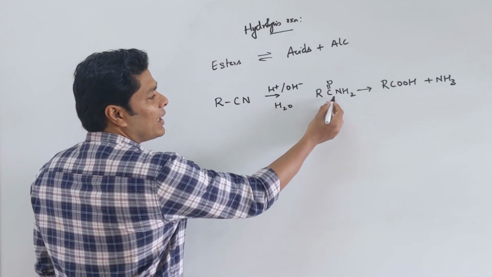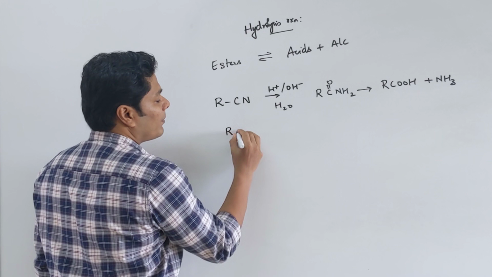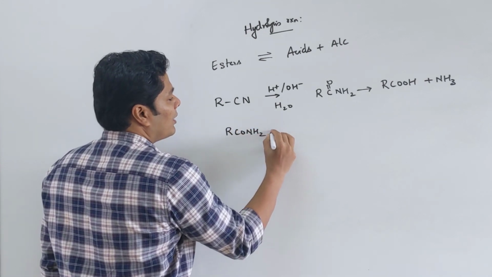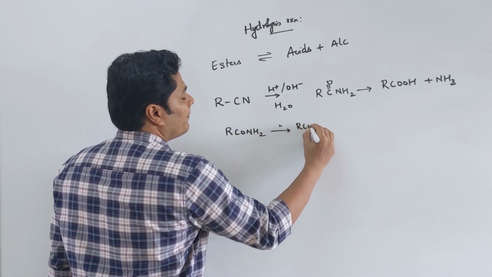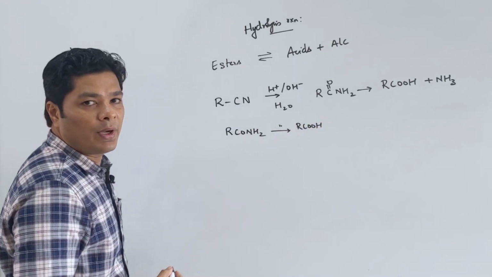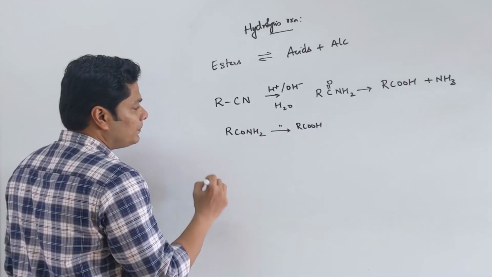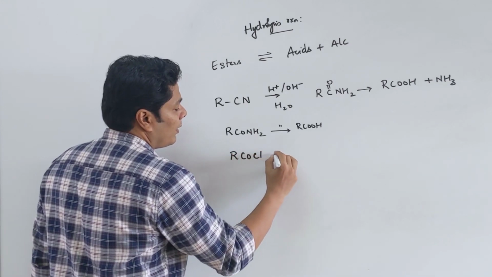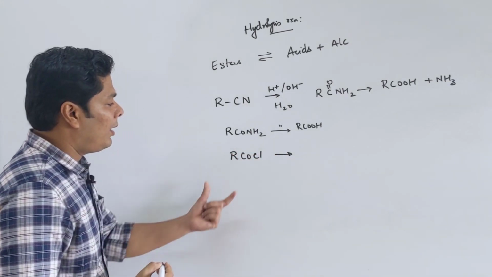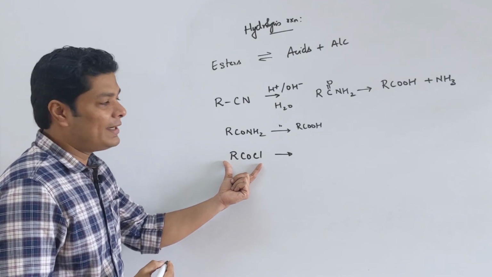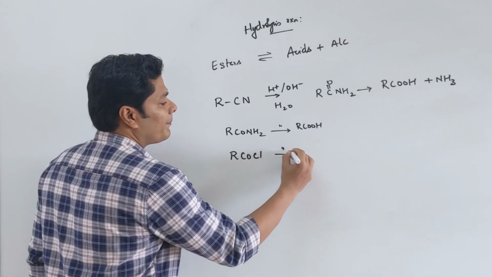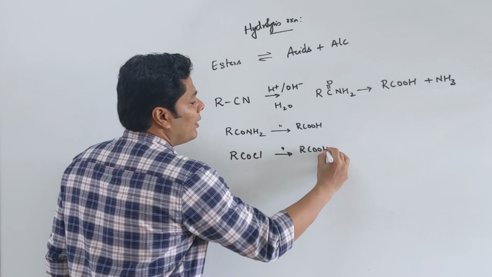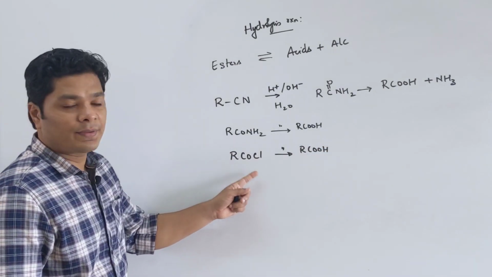Now, needless to say, I can also start with RCONH2 to get your RCOOH. The next we can do is acid halides or acyl halides. I can do the same and I get the same product, not much of a difference.